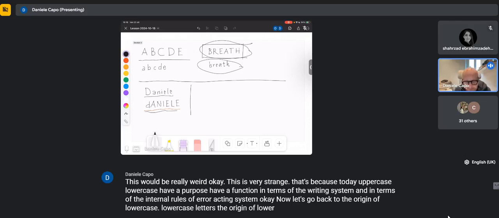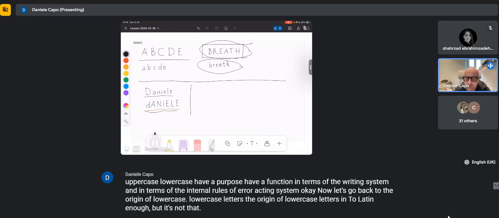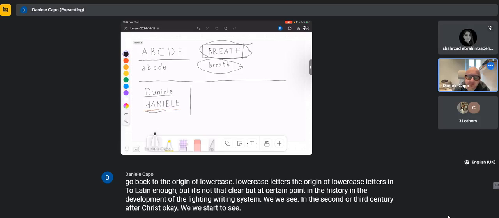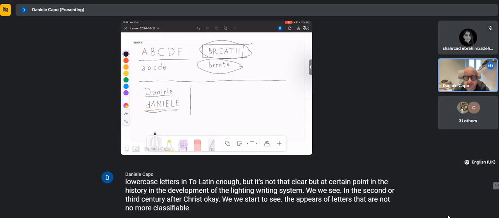The origin of lowercase letters in the Latin alphabet is not that clear, but at a certain point in the history and in the development of the Latin writing system, we see, in the second or third century after Christ, the appearance of letters that are no more classifiable as capitals.